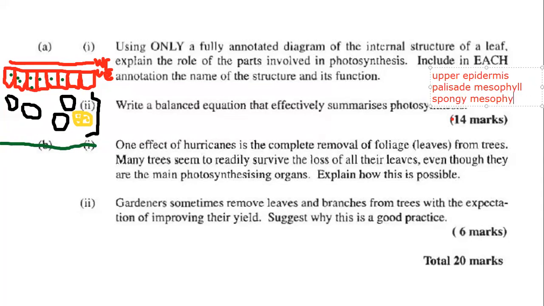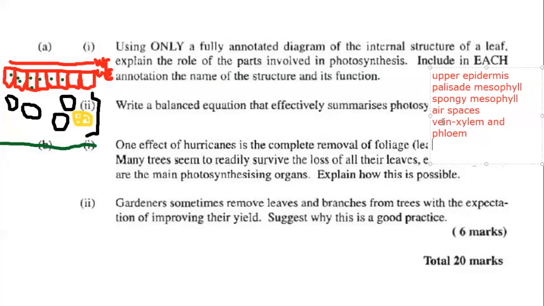We're going to talk about what each of these parts does. Air spaces, we talked about that in a previous question. The vein, which consists of the xylem and the phloem. Anything else? What comes beneath this? The guard cells and the stomata.